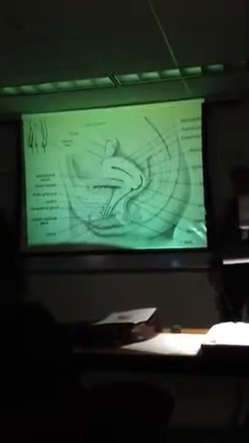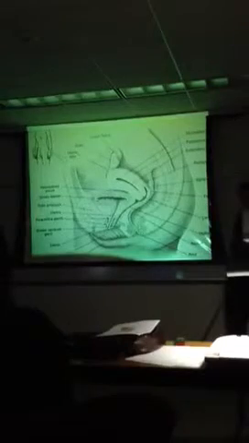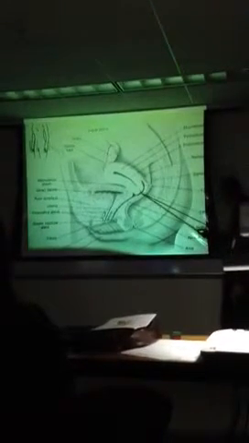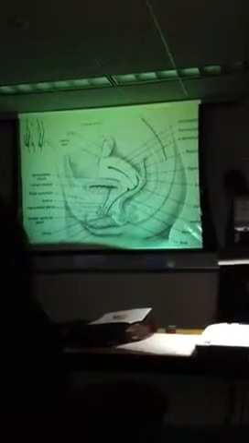The top of the uterus, above where these tubes come out, is called the fundus. The middle portion is called the body, and the bottom of the uterus that projects into the vagina is called the cervix. And the opening, the cervical os, is just the opening into the uterus.